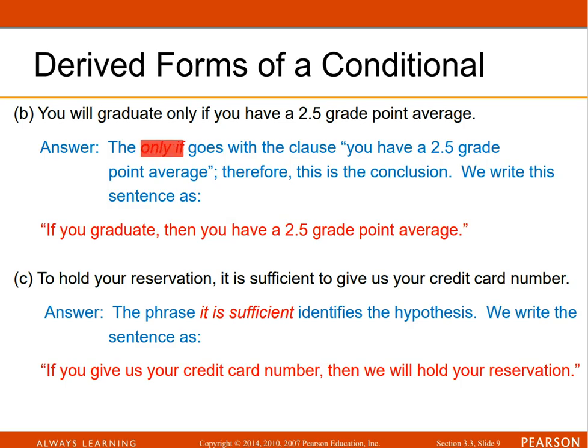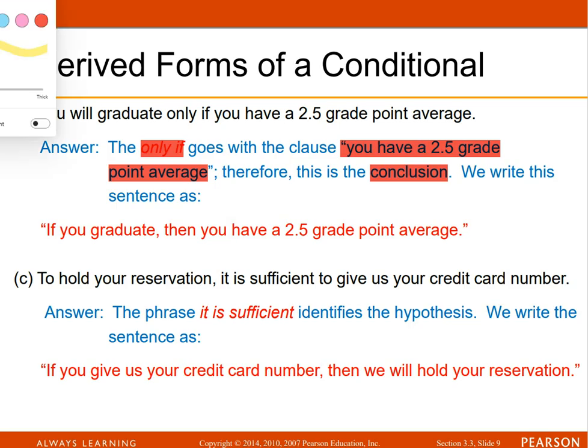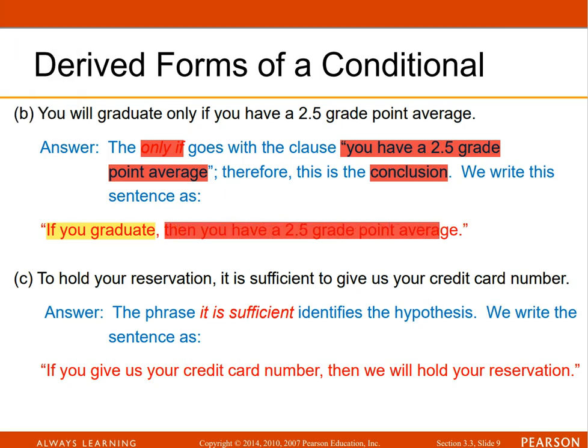Only ifs go with the conclusion. It was written second in the sentence. So you would rewrite it and say, if you graduate, then you have a 2.5 grade point average.